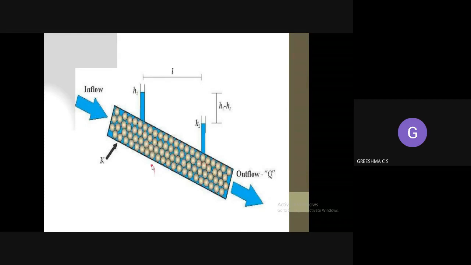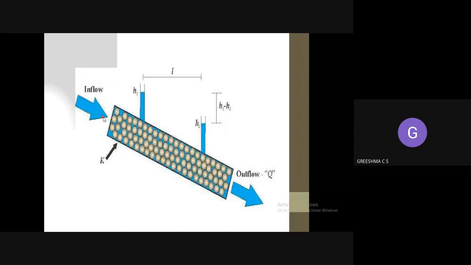This is actually an experimental setup, something we set up in the lab. These are rock particles, or some kind of sand particles. Fluid is allowed through these particles. We will say fluid, that's a general and safe word.